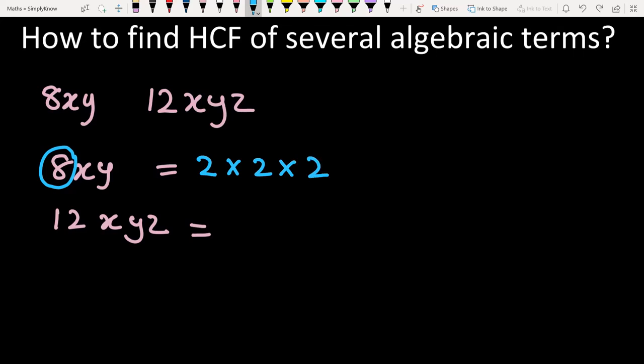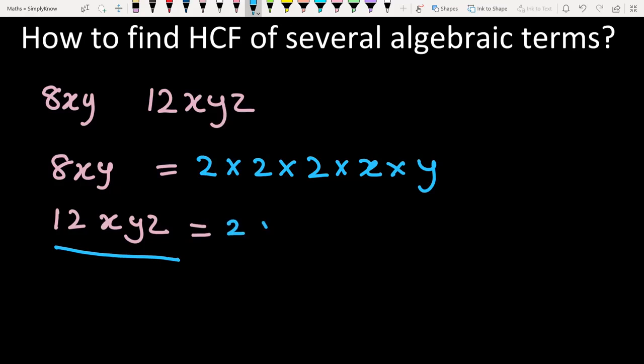Unknowns of this algebraic term are x and y. So let's write these unknowns as a product: times x times y. Now here we have written 8xy as a product of its factors. So when you multiply these together, you get 8xy. Now let's find the factors of 12xyz in the same manner.